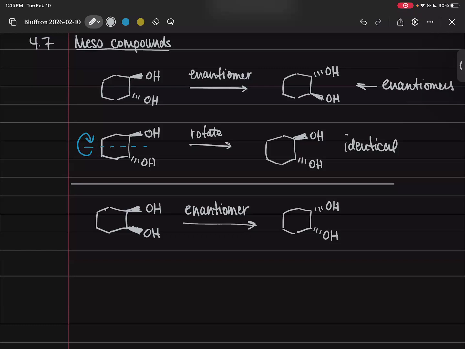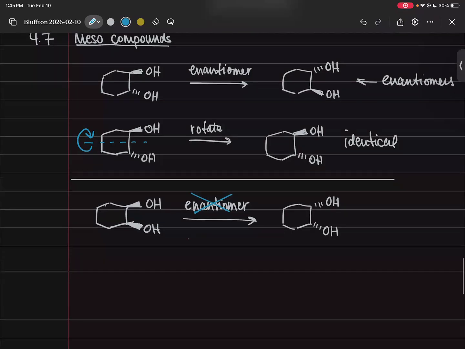Okay? These are not enantiomers of each other. They're identical, even though we followed the process that should give you an enantiomer. Okay?